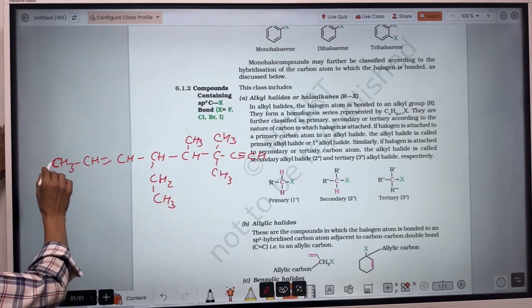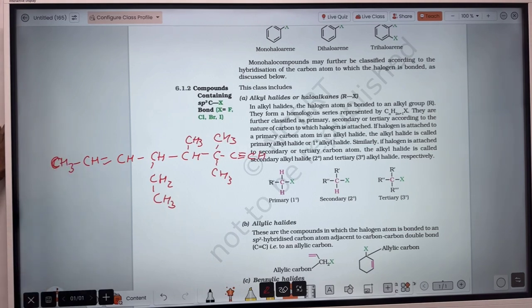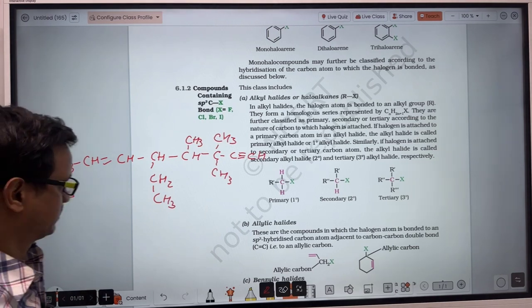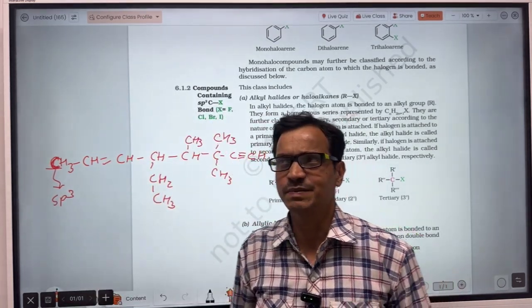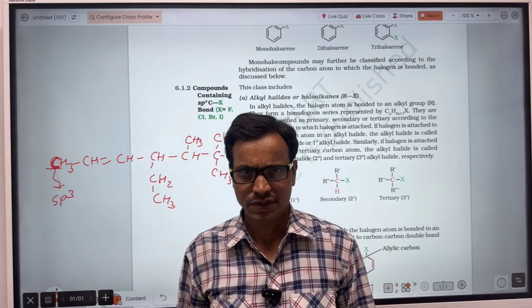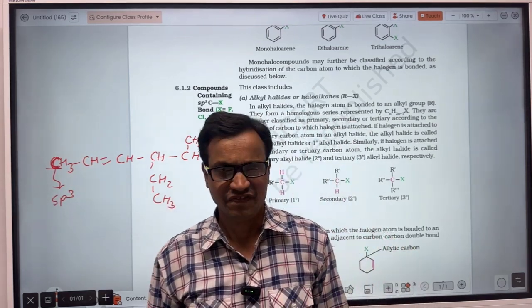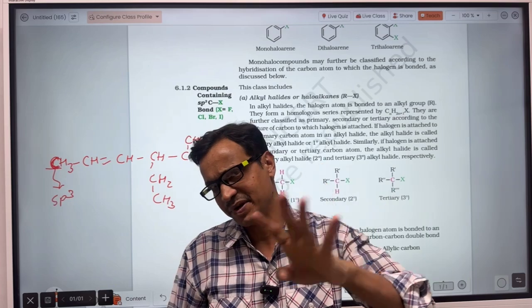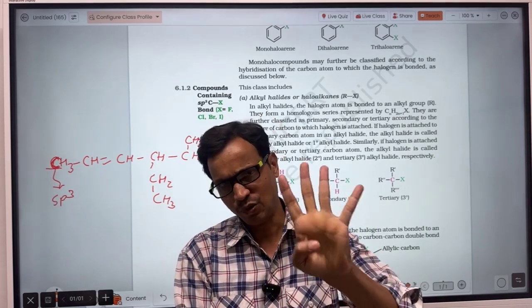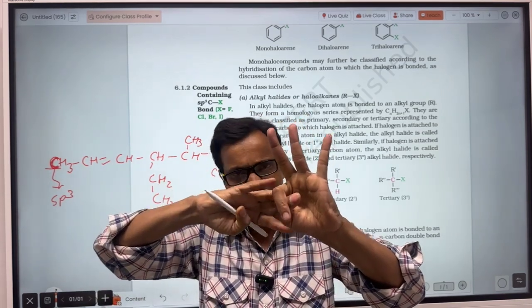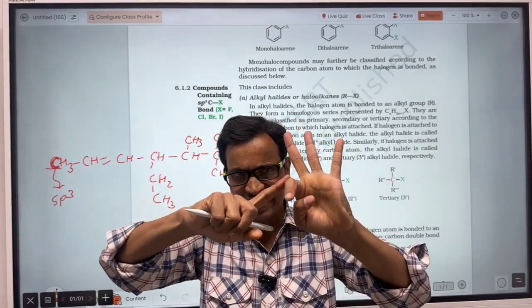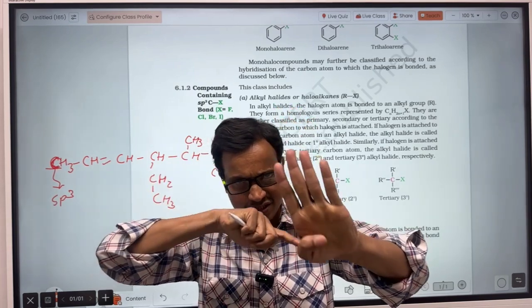This carbon is forming 4 sigma bonds, 3 with hydrogen and 1 with carbon. So the hybridization of this carbon atom will be sp3. To form 4 hybrid orbitals, one orbital of s and the remaining 3 orbitals of p will merge together.